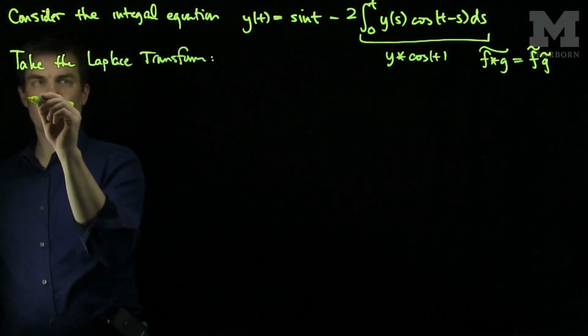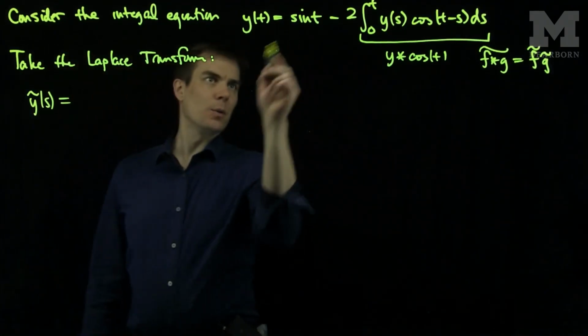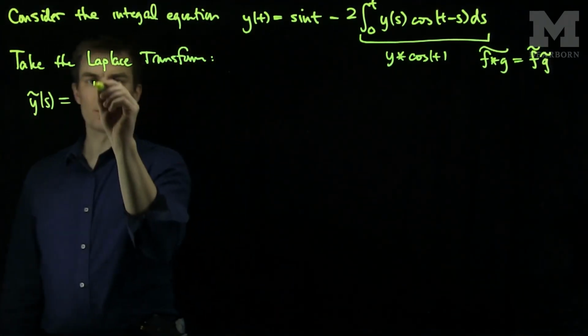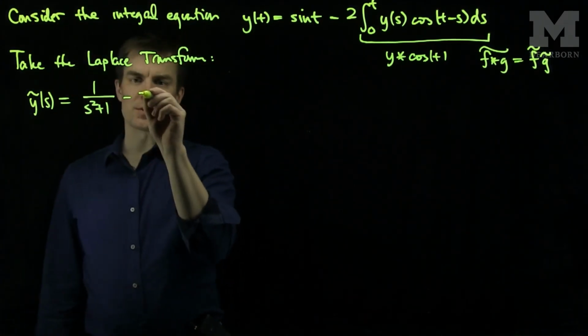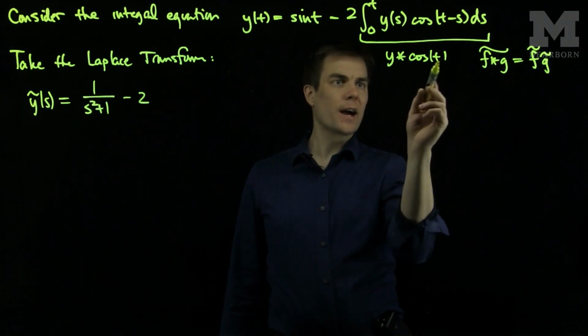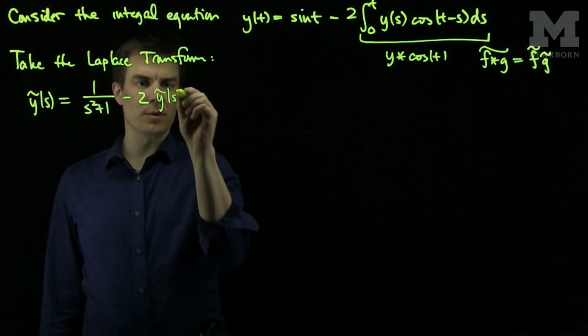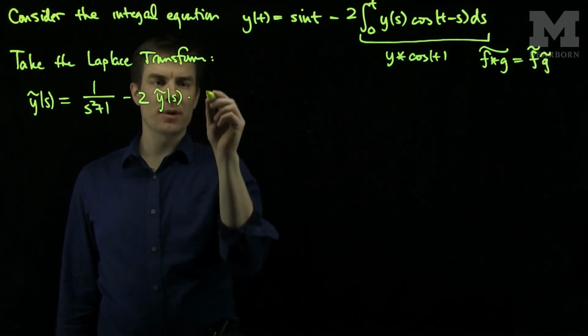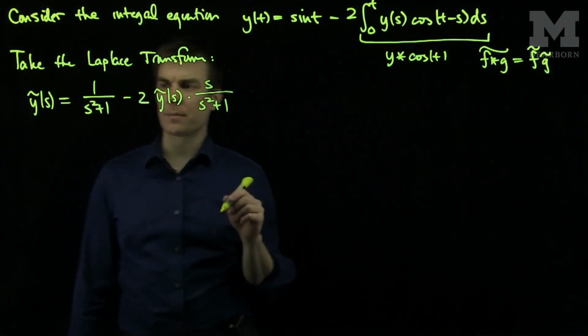If we do so, the left-hand side becomes y tilde of s is equal to the Laplace transform of sine, which we know is 1 over s squared plus 1, minus 2. And now I have y convolution cosine. That will transform to y tilde of s, the Laplace transform of y, times the Laplace transform of cosine, which is s over s squared plus 1.